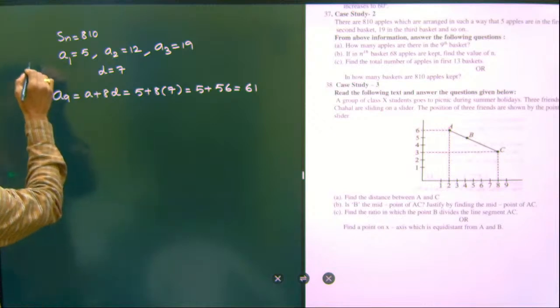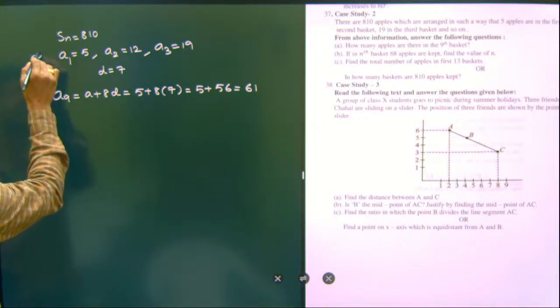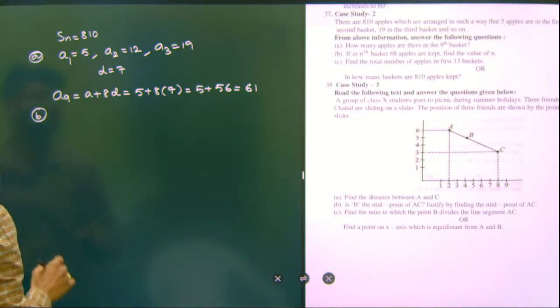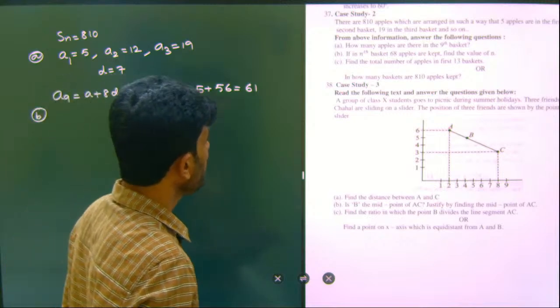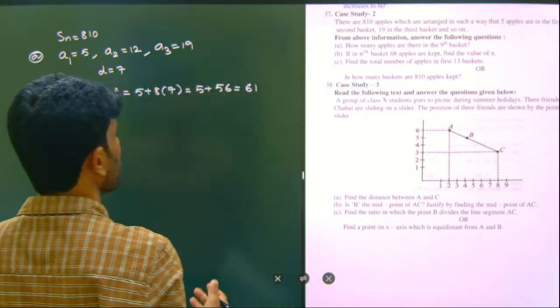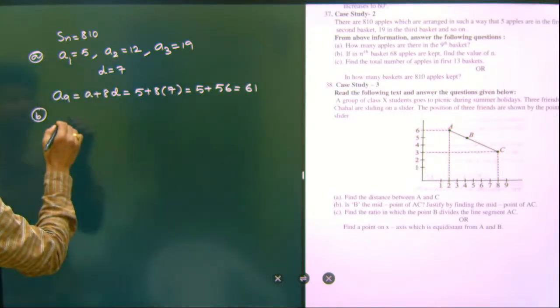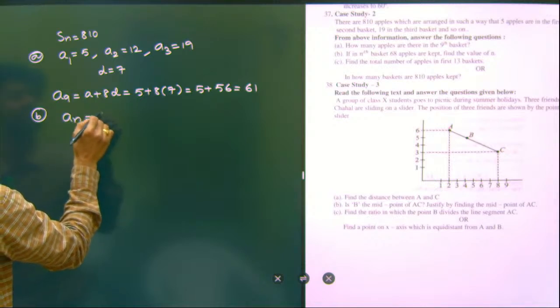Then the second question. What they are asking to find? In the nth basket 68 apples are kept. Find the value of n. So an is equal to 68 they have given.